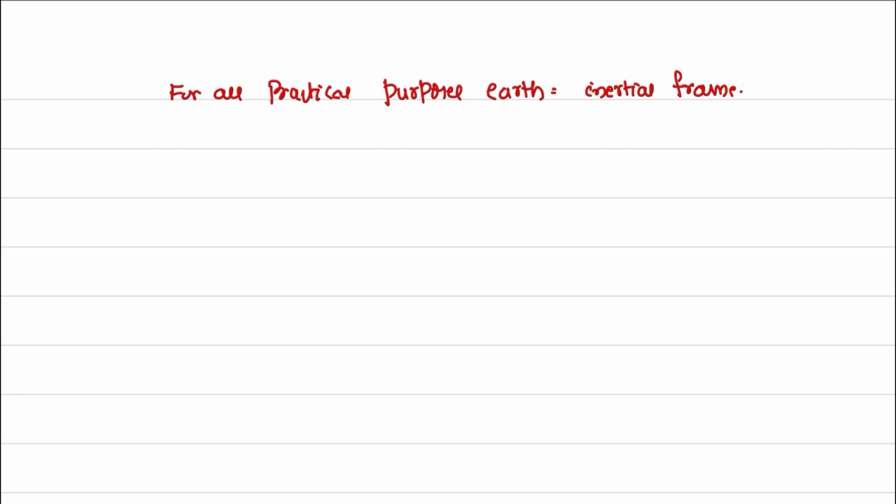We will not dwell into the other side of the physics, where the inertial frame of earth is also debatable. We will restrict ourselves to the study of homogeneous space, isotropic space and inertial frames. As far as our JEE Advanced, JEE Mains and NEET Physics is concerned, let's not dwell into the other side.